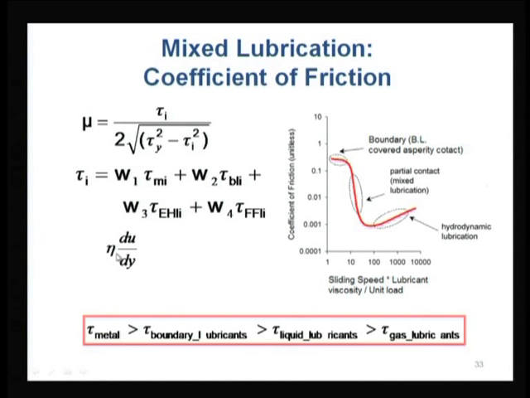Eta will be in Pascal second or millipascal second, u will be meter per second, and this y is in meters. So, if I take some magnitude analysis or approximation, assume the oil we have used has 10 centistokes as viscosity. 10 centistokes is something like 10 millipascal second, which is equal to 10 × 10^-3 Pascal seconds.